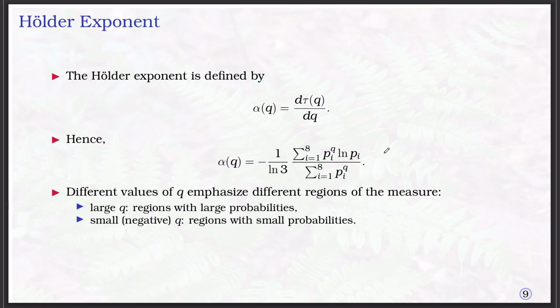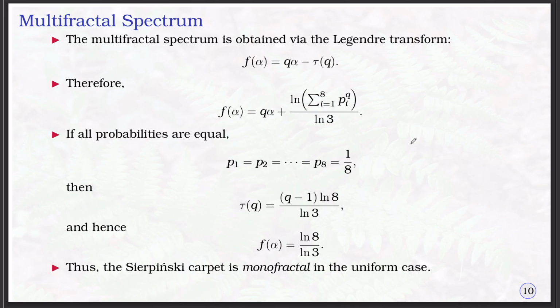Then by the same method, alpha q is minus d by dq of tau q. By applying alpha q, one can understand that different values of q emphasize different regions of the measure. That means a large q emphasizes the regions with large probability, and when q is negative, the regions with small probability.